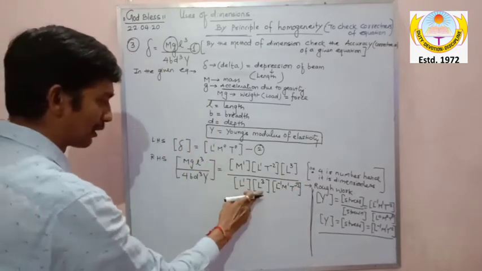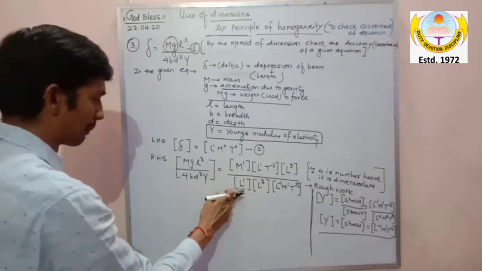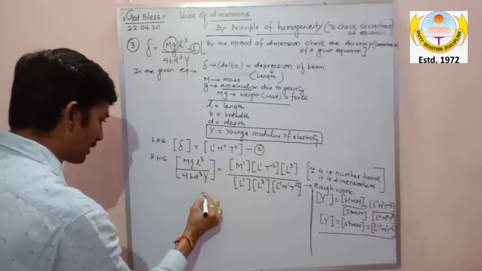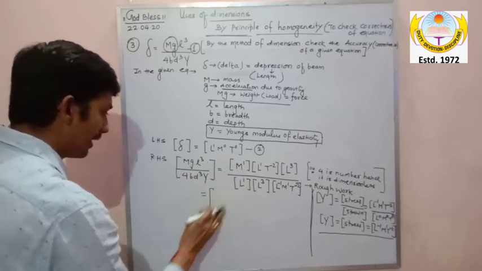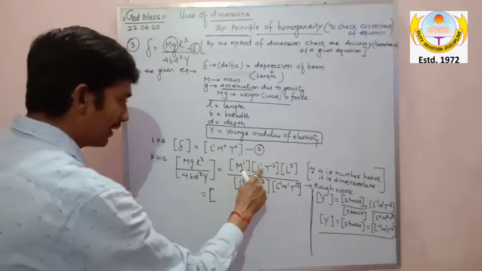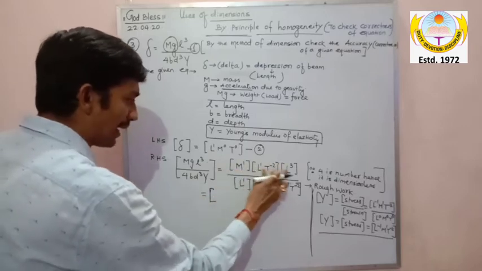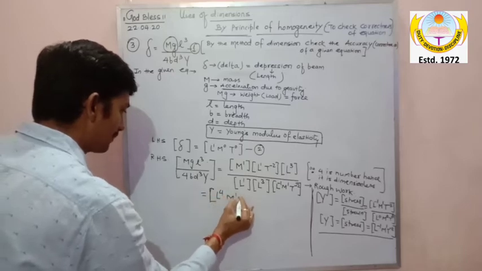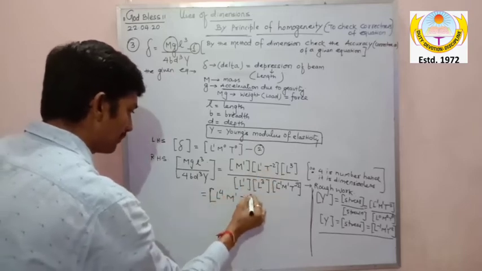This is the dimension of depth, this is the dimension for breadth, and here l cubed is given. Now what will be the total dimension? In the numerator, first we solve: M1 as it is, L1 and L3 become L4, M1, T minus 2.